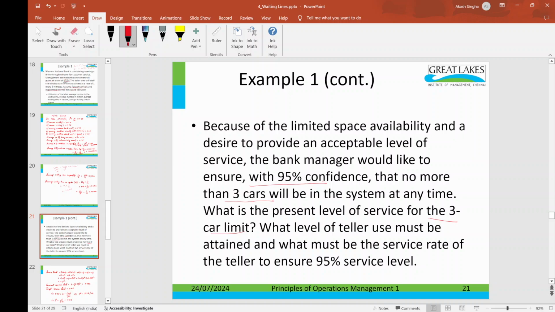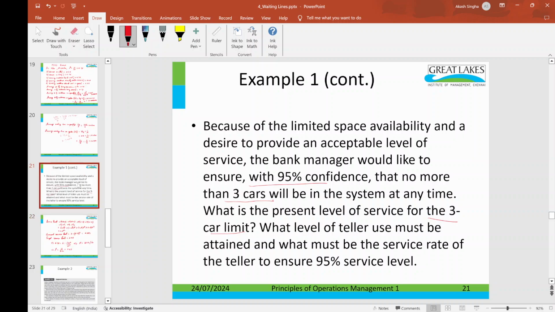So, we want that it should be three cars, not more than three cars. Currently we can have three cars maximum. So, how many states can we have? A state where there will be zero cars, a state where there will be one car, a state where there will be two cars, and a state where there will be three cars.